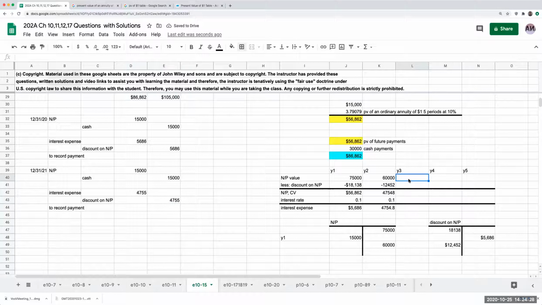Let's just go through and do this through all the years, because I want to make sure that this goes down to 0 at the very, very end. So over here, this is 3,730.03. So this is now going to be amortized.